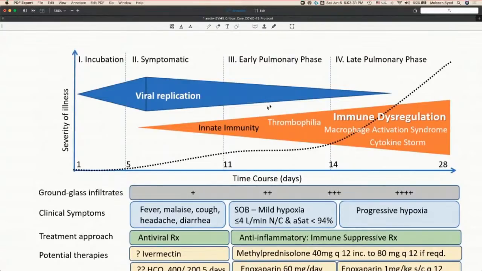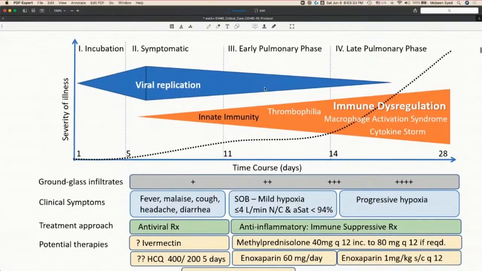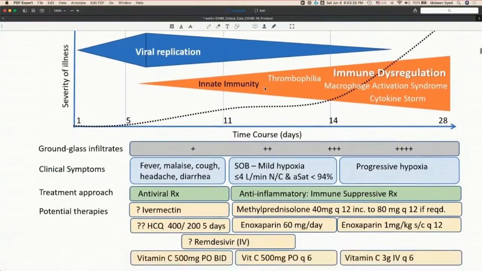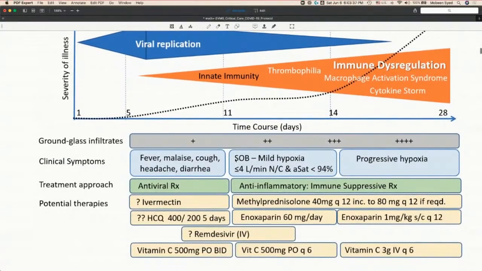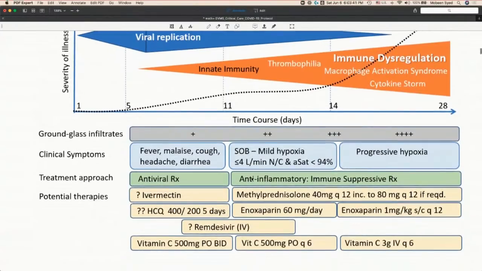Now we are entering the early pulmonary phase, where the patient may have shortness of breath and mild hypoxia, and as soon as the patient starts requiring 4 liters per minute or more, and the oxygen saturation is going down, that is where anti-inflammatories are started.